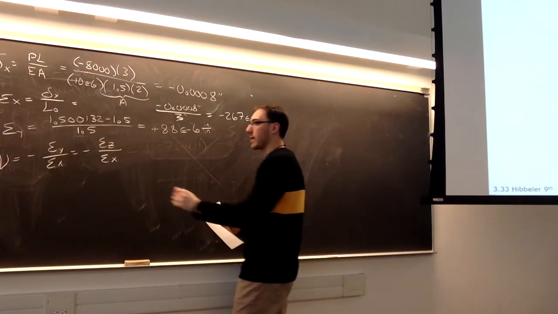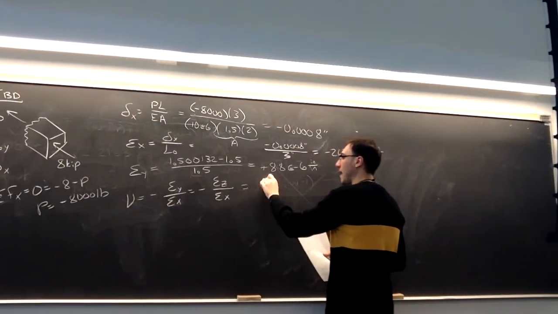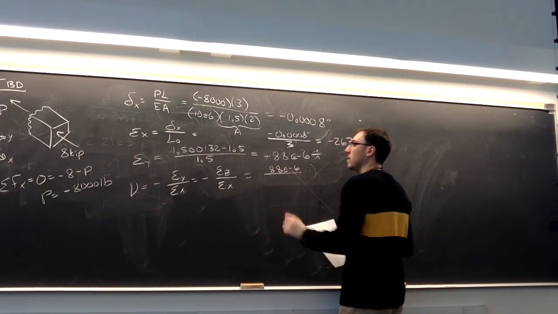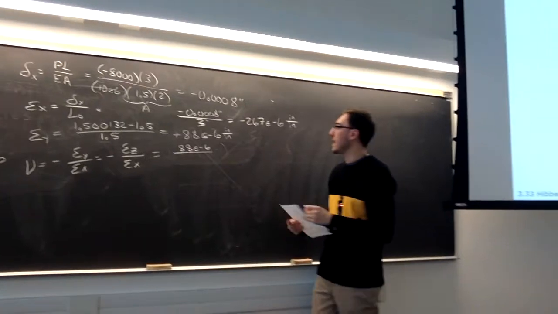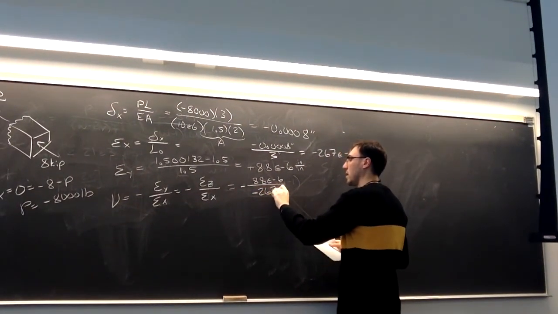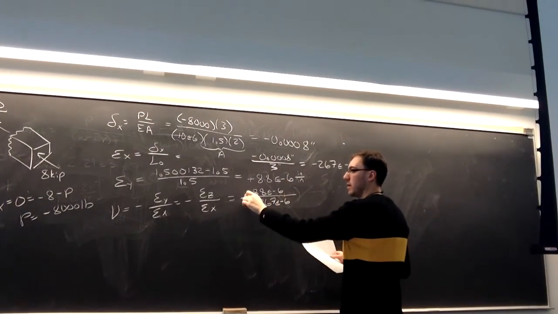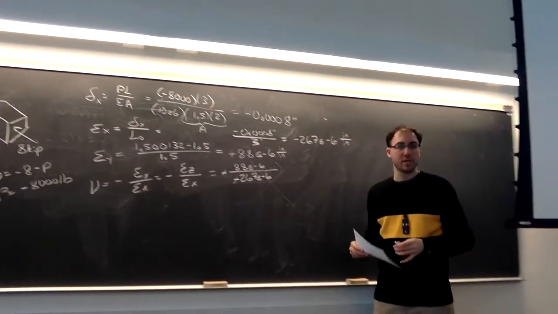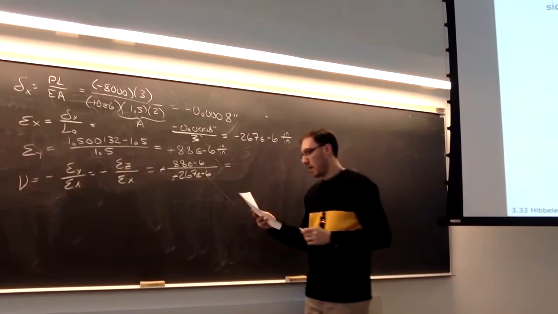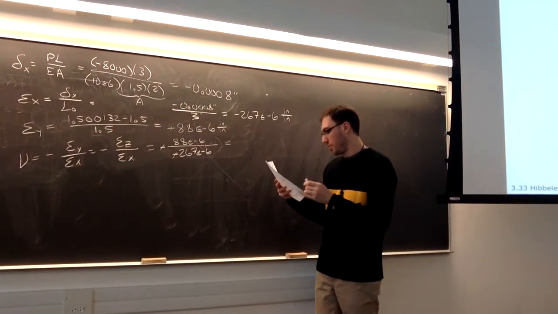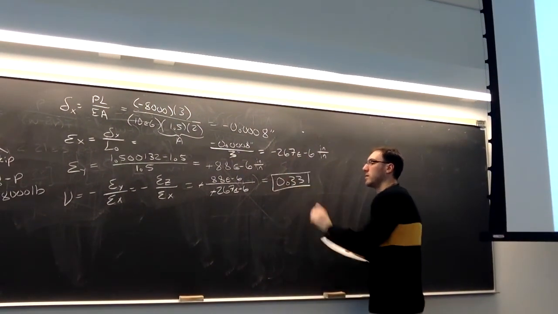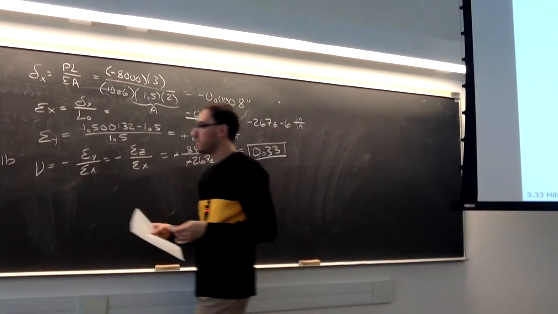Now if we come down here, we can calculate nu. We just found the strain in the y direction. Previously, we had the strain in the x direction. These negative signs cancel out, which they should, so we get a positive value for nu. The Poisson ratio here, to 2 digits, is 0.33.